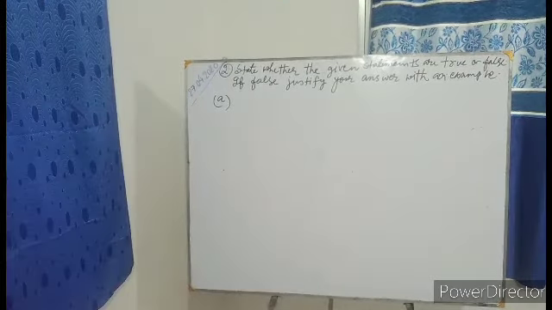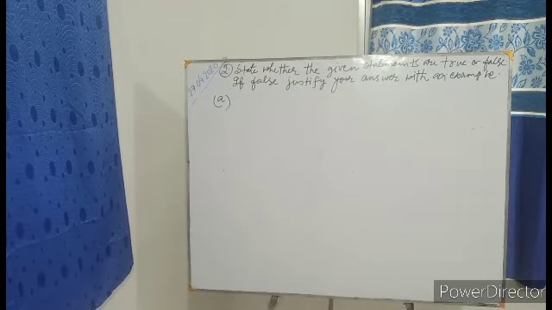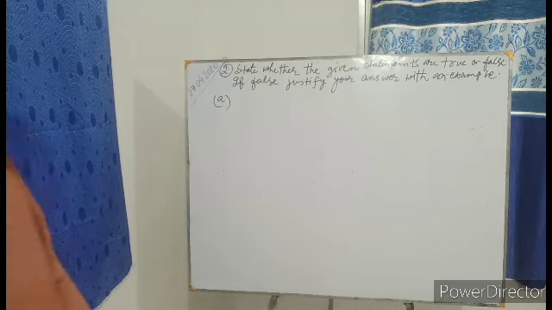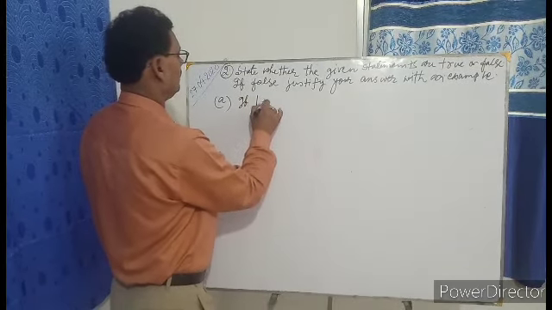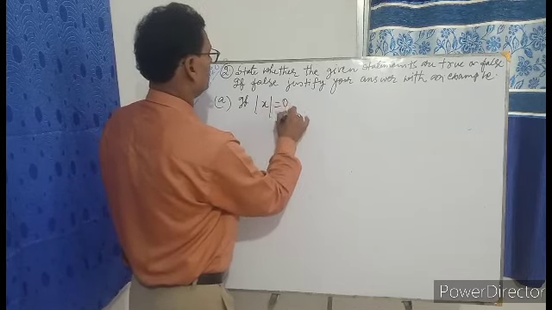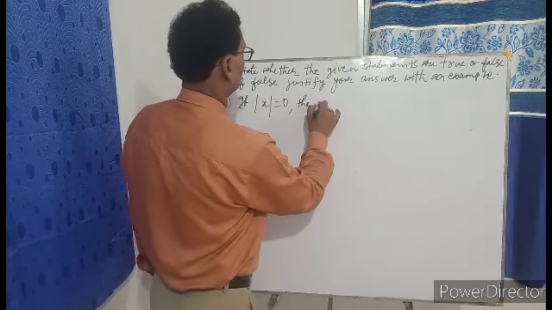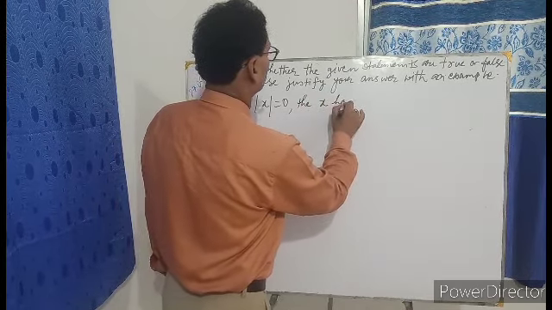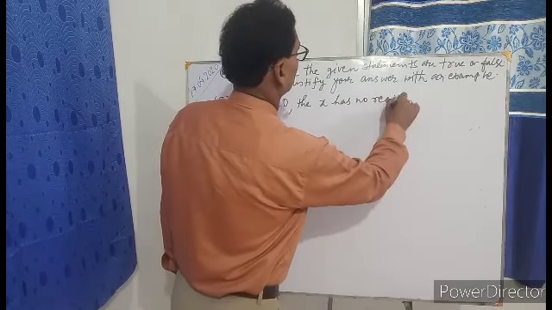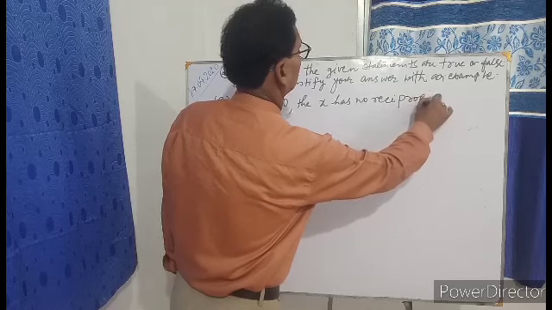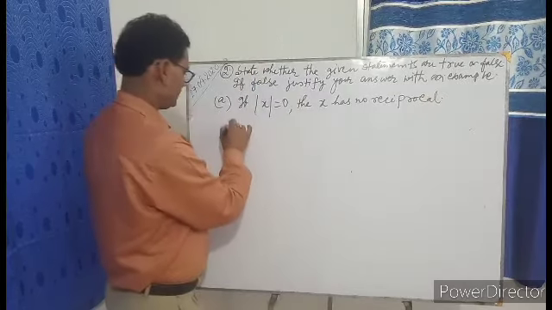Question number 1 is: if mod x is equal to 0, then x has no reciprocal. Answer.